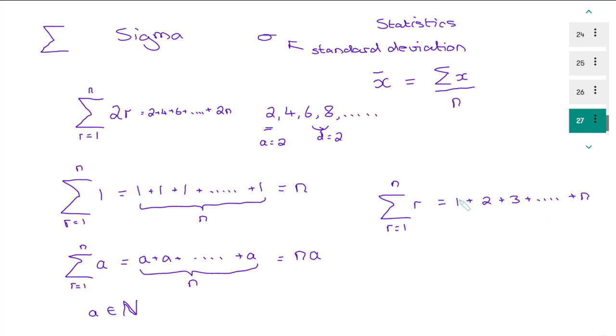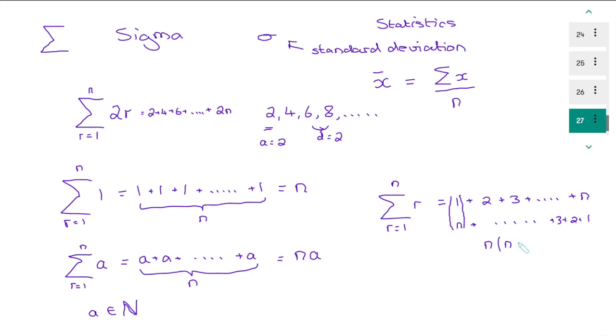And I hope it's familiar to you now, even if you can't remember the exact formula. I hope you can remember how you do it. You write it out backwards. So you'd have plus 3 plus 2 plus 1. And then you say, look, I've got n terms here. If I think of adding these two together, I've got n lots of n plus 1.